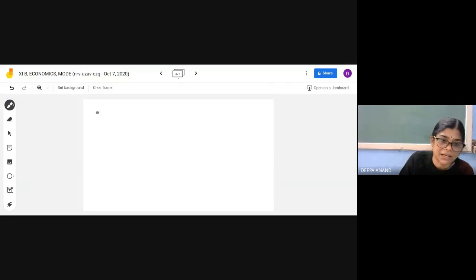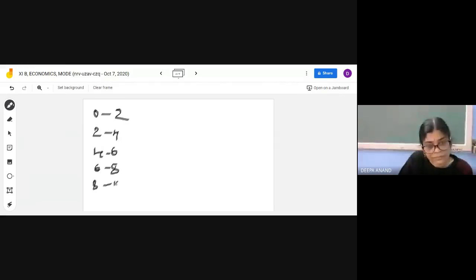Write the size, that means the class: 0 to 2, 2 to 4, 4 to 6, 6 to 8, 8 to 10, 10 to 12.